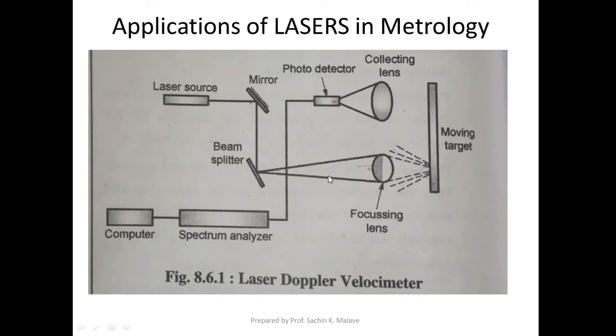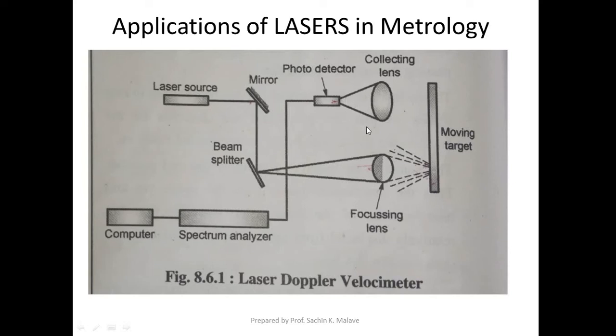The light scattered by the moving object will be collected by a lens and focused on a photodetector. So the light scattered by those tiny particles will be focused onto the photodetector.